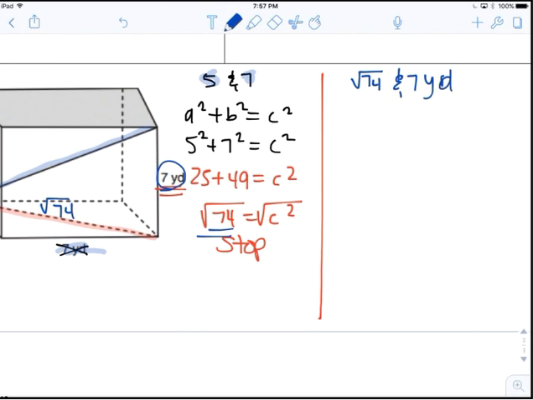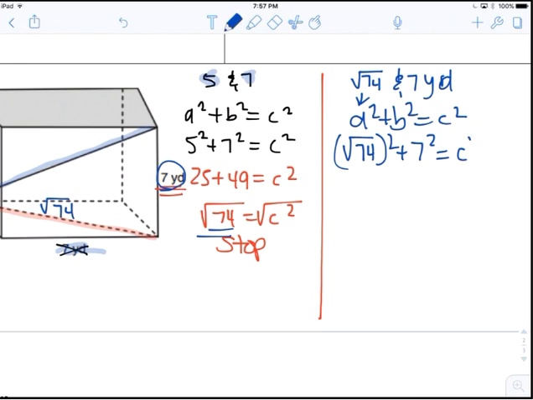You do a squared plus b squared equals c squared. Square root of 74 is for a, so square root of 74 squared plus 7 squared equals c squared.